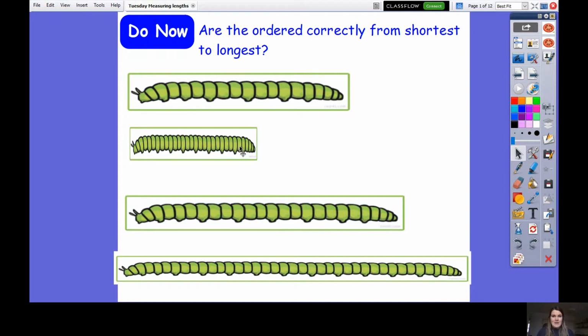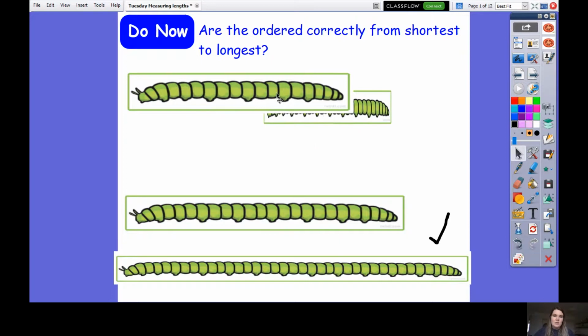Fantastic. Well, let's see what we came up with then. What is the longest? The one right at the bottom. Very good. This is the longest caterpillar. So are they in the right order? No. Which one is the shortest then? This one? Very good. This one is in fact the shortest.